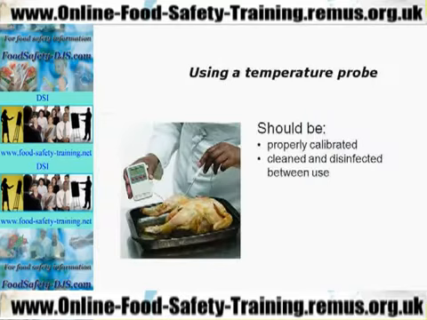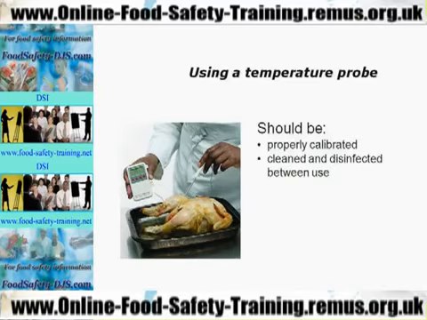Okay, so how do we use a temperature probe? First of all, it should be properly calibrated. In other words, the reading on the LCD should be the temperature inside the food product. And we can do this by self-calibration. First of all, you need to check both ends of the scale. In other words, get a glass of water with some ice and cold water, and get some freshly boiled water.